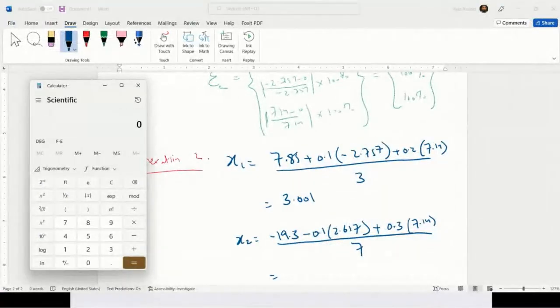So I have minus 19.3 minus 0.1 into 2.617 plus 0.3 into 7.14, divided by 7. So that's minus 2.489.